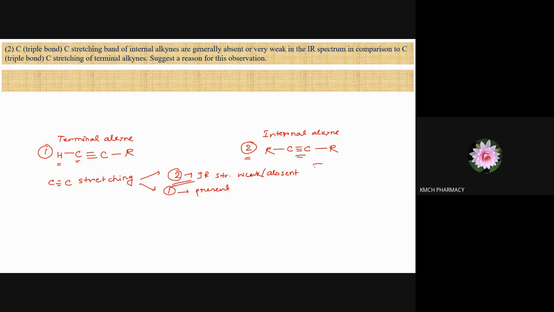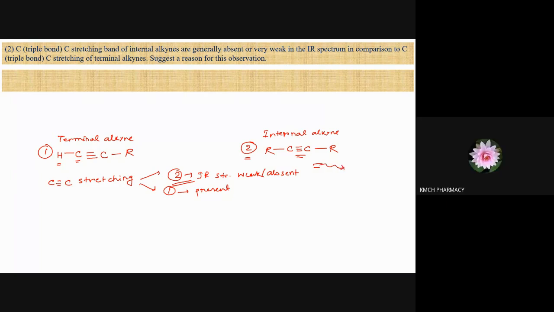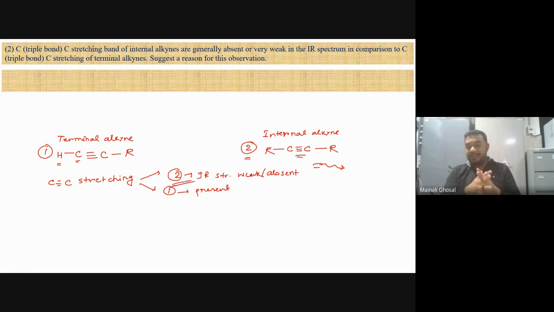Whereas in terminal alkynes, there will be polarization, and hence you can have intense signals. How can you call it non-polar? Any terminal or internal alkyne? Is it because of the molecular symmetry? Yes. But it really depends on what kind of groups R is, which decides what kind of polarity it will possess. But the answer is correct.